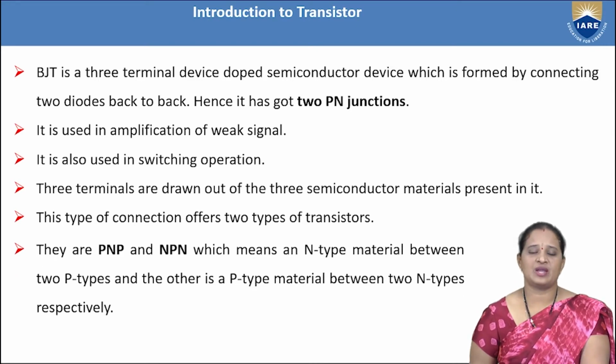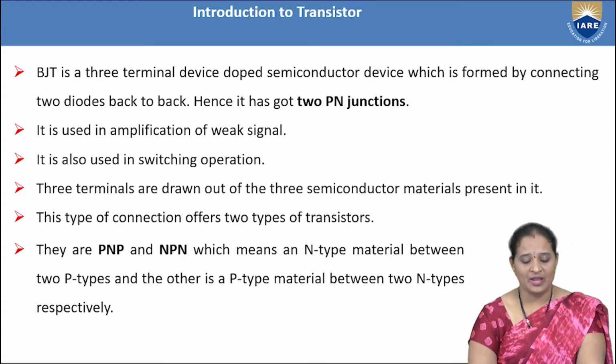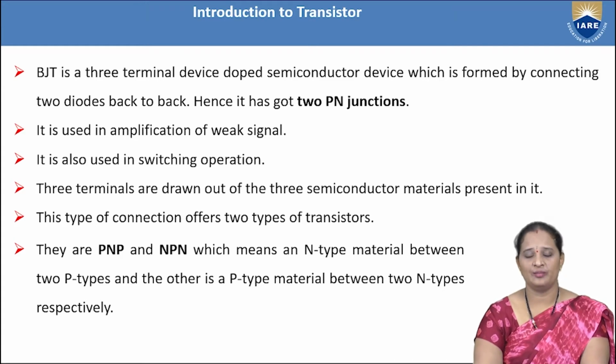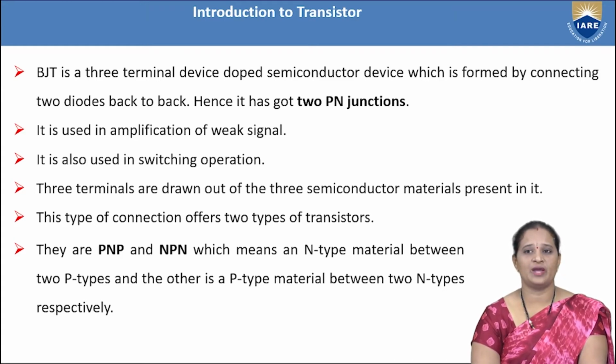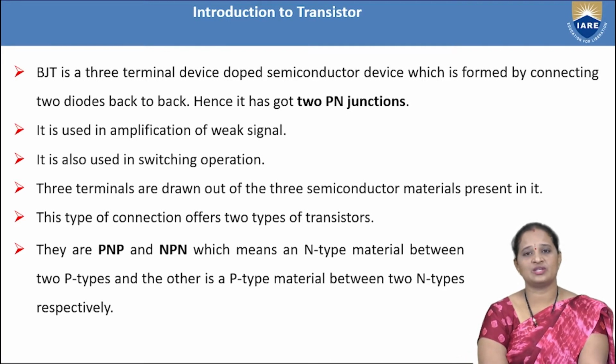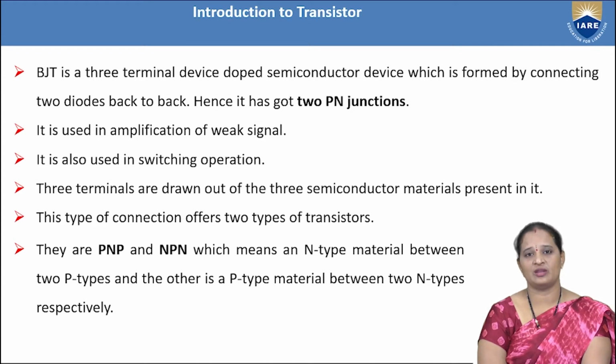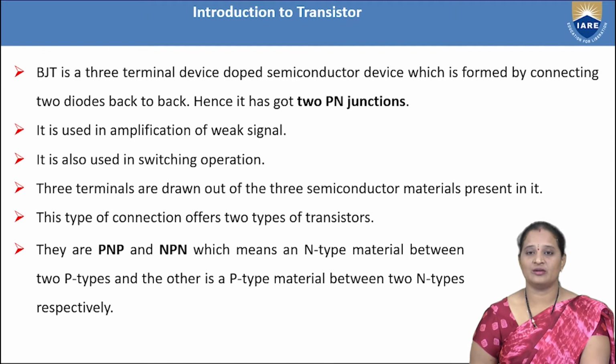So what is an NPN transistor and a PNP transistor? An NPN transistor is formed by placing a P-type material between two N-type materials. Similarly, a PNP transistor is formed by placing an N-type semiconducting material between two P-type semiconducting materials.